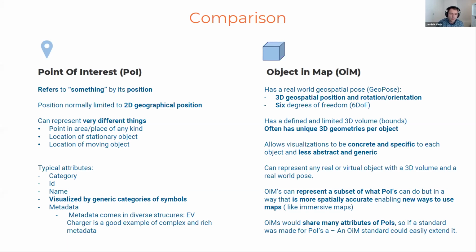So that way objects can represent a subset of POIs, but do that in a way that is more spatially accurate, and they also enable new ways to use maps, like immersive maps. And a little note here that as they share so many of the attributes of points of interest, if there were a standard for POIs, you could easily extend it to define objects in maps.